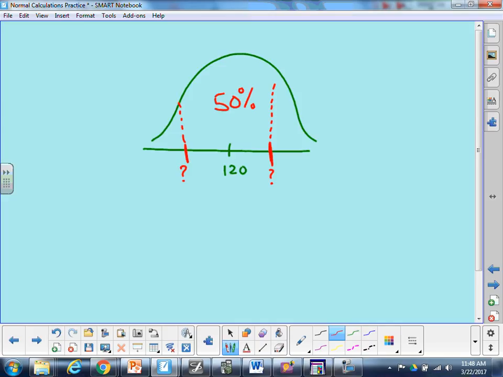So we're going to do two separate problems. Okay, let's find this one first. So again, we're finding a value. So we're doing an inverse norm. Okay, what area is to the left of that value? So let's think about it. If we have in the middle here, we have 50%, right? From here to here, it's 50%. So you got to use a couple of properties here. I know the total's got to be 100%. And I know these are symmetric.